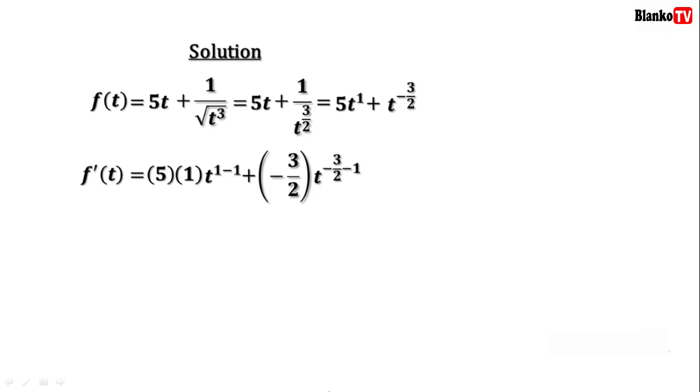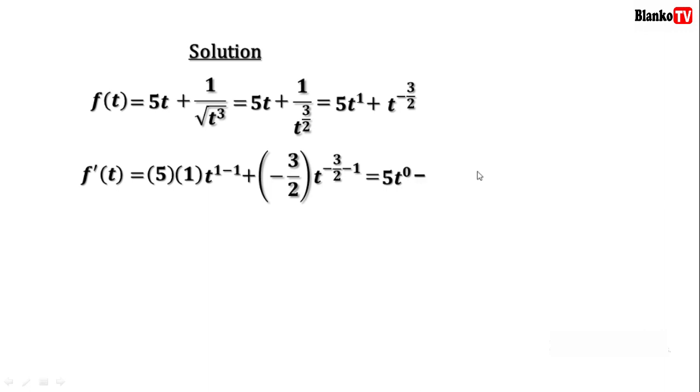Okay, so we have 5 times t raised to the power 0, that is 5 multiplies 1 to be 5, and then t raised to the power 1 minus 1 is what? 0. So 5 times 1, which is 5, and then t raised to the power 1 minus 1, which is also what? t raised to the power 0.